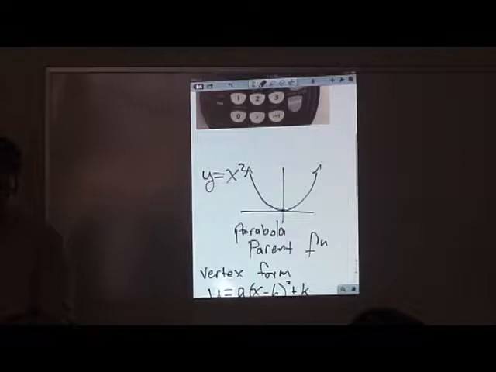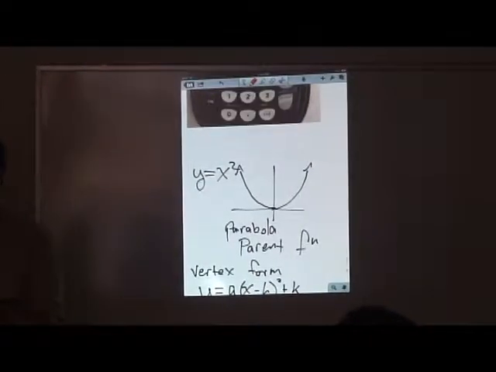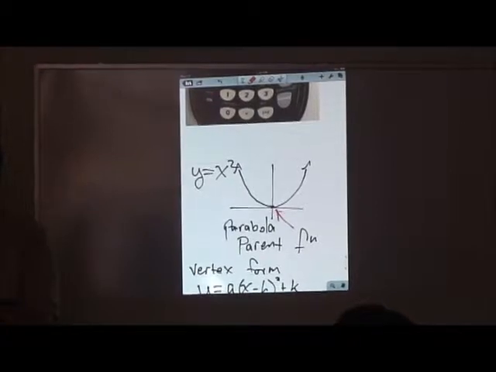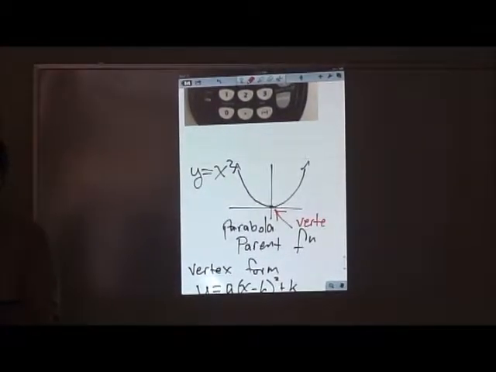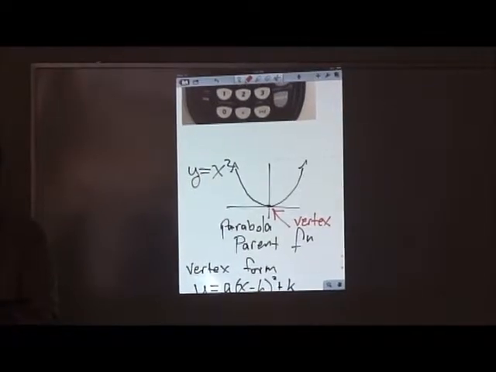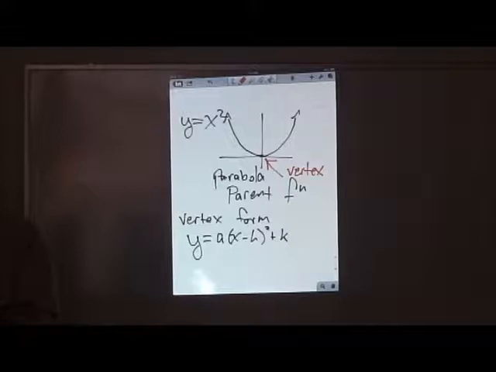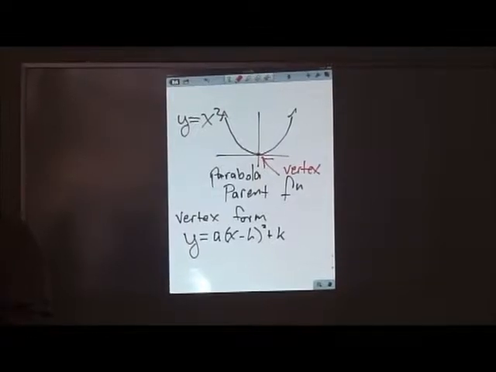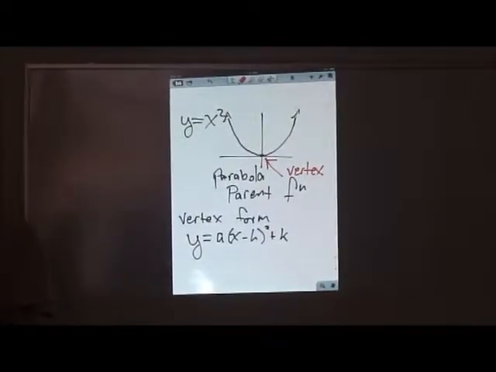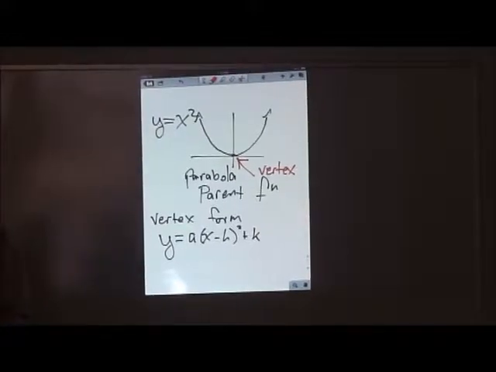Now let me remind you, before we even go any further, that this point right here is called the vertex. And vertex form finds a new position for that point called the vertex. In a parabola, the vertex is either going to be the minimum point of the parabola in the function, or it's going to be the maximum point.